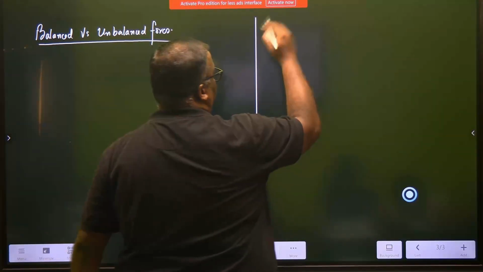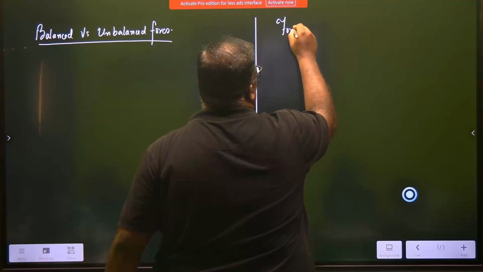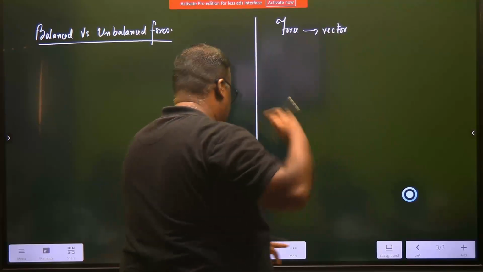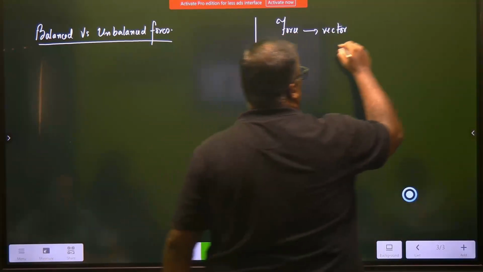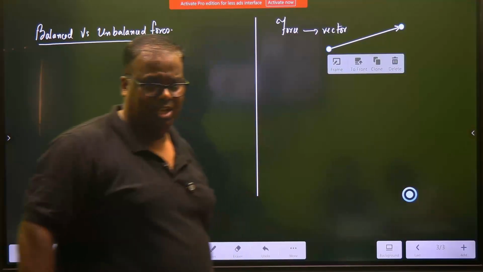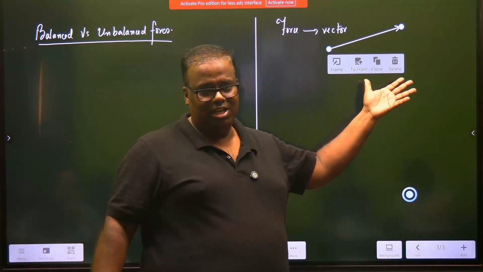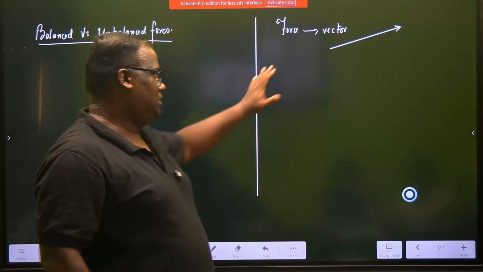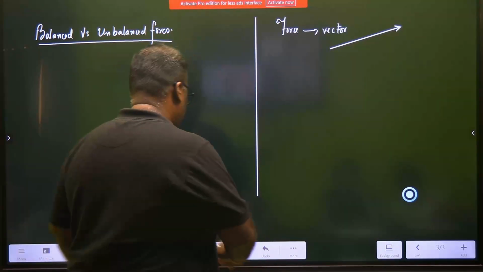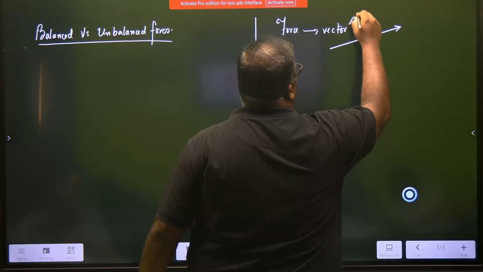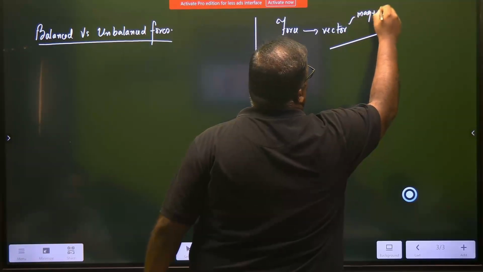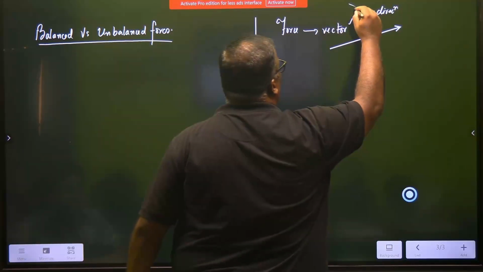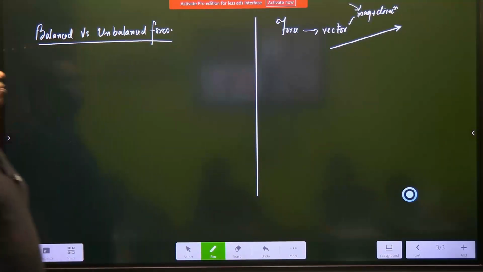Force is a vector quantity, and the best way we represent force always is with an arrow. It is the easiest vector to understand because you feel that there is a direction and you feel that there is a point of application of force also. Understood? So this is a vector quantity, meaning it has both magnitude plus direction. Though in grade 8 you will be dealing more with only the magnitude part.